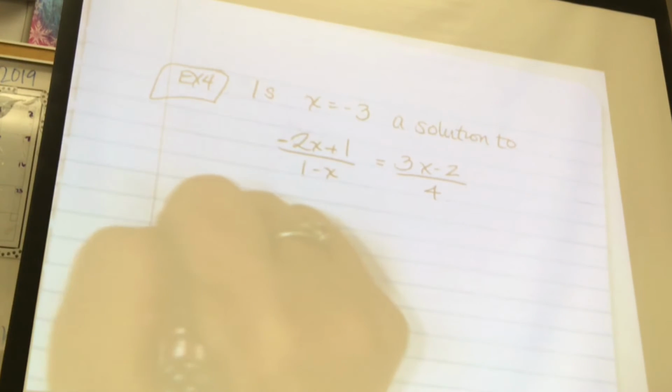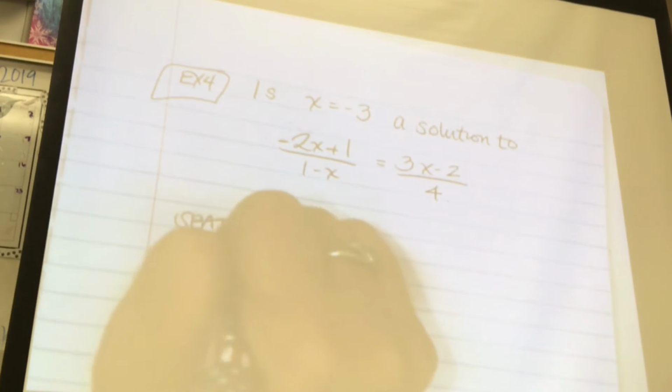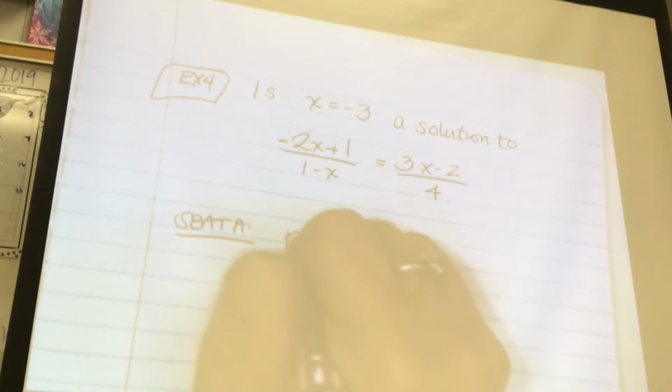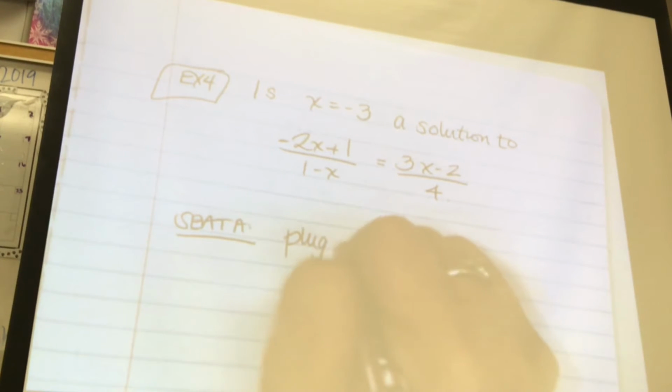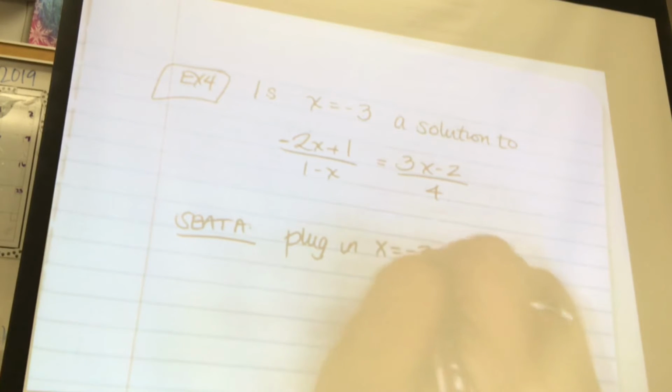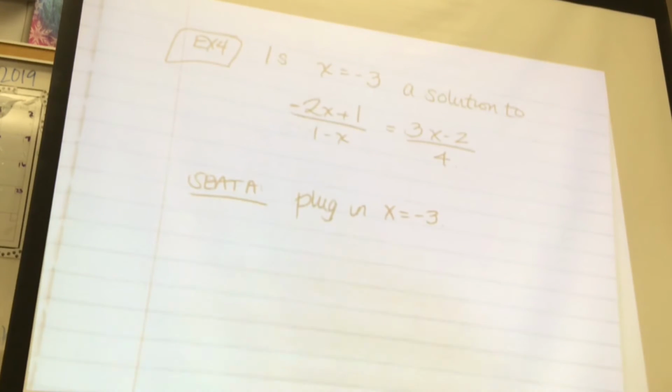Alright, if you're in seat A, I want you to plug in x equals negative 3. If you're in seat B, I want you to use the LCD like we just did in the first 3 examples, examples 1 through 3.